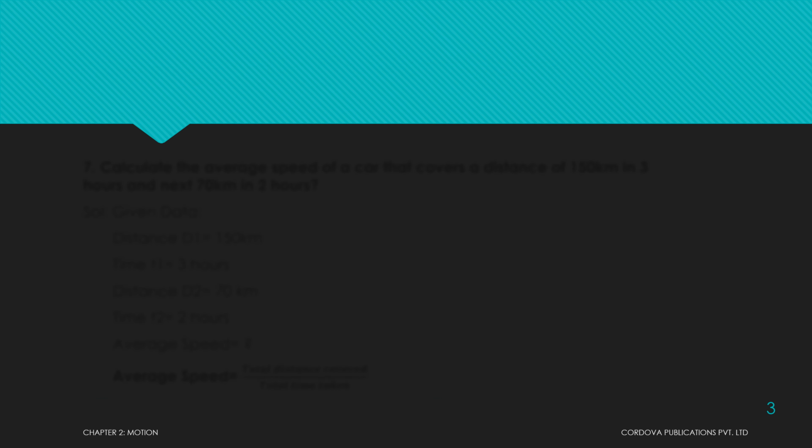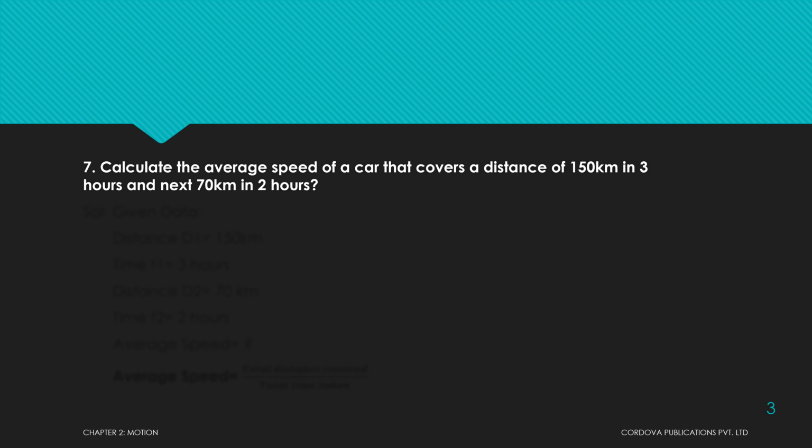So how to calculate? For this question, first let's write the given data. It has traveled a distance of 150 kilometers. Since we are having two distances, first it traveled 150 kilometer and later on it traveled 70 kilometer. So for separating them, I'm mentioning them as D1 and D2, right?